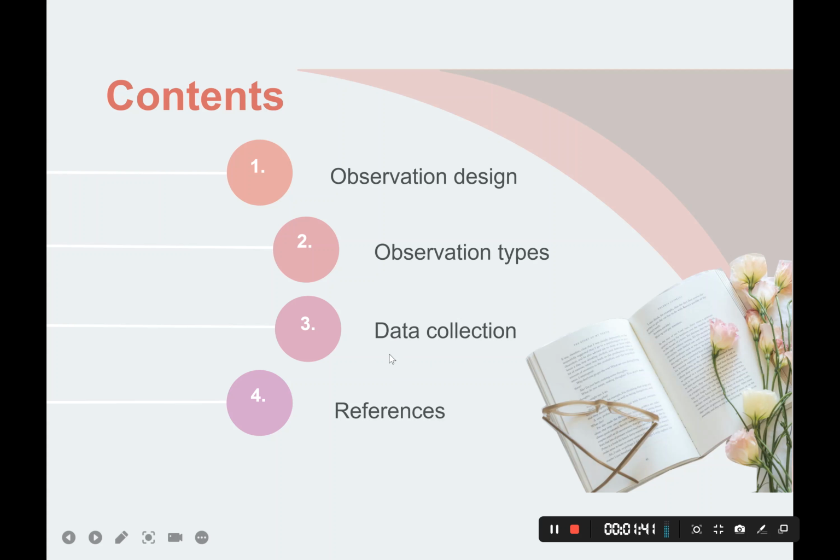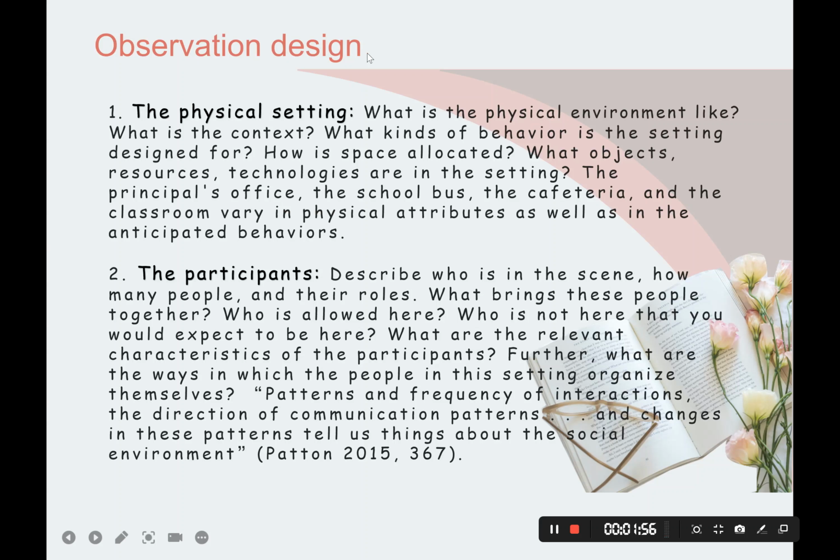Before we talk about how to gather data during observation, it is very important for us to know how to design observation and what kinds of observation we will have. About observation design, there are altogether 6 main factors that should be considered. The first one is the physical setting.